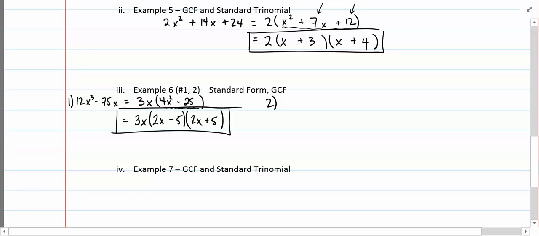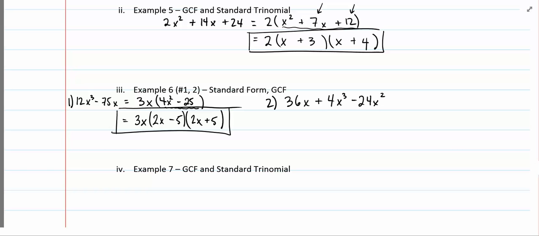Here in part 2, I've got another example. Here in problem number 2, I have a trinomial, 36x plus 4x cubed minus 24x squared. And in this trinomial, we have both a numeric and a variable portion to our greatest common factor. The largest number that divides 36, 4, and 24 is the number 4 itself.